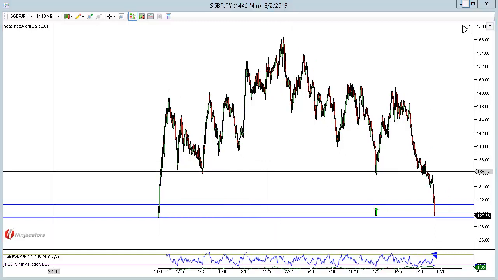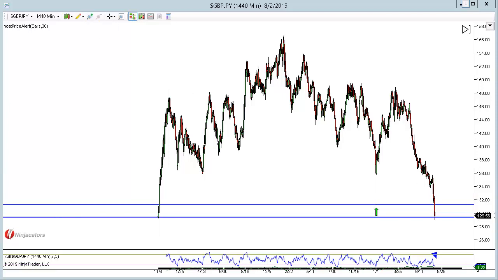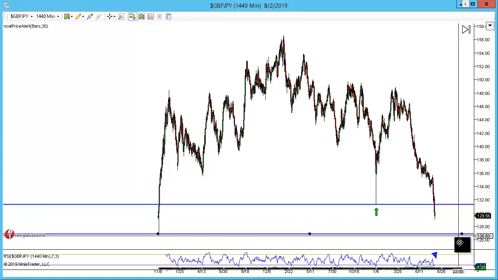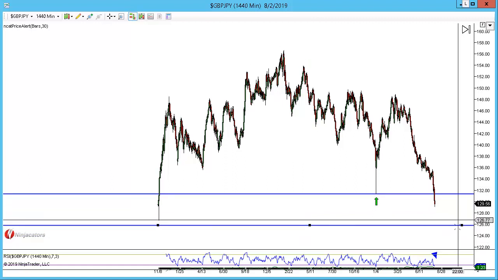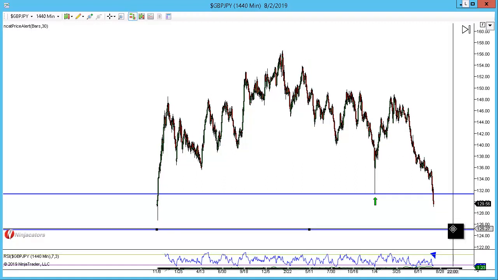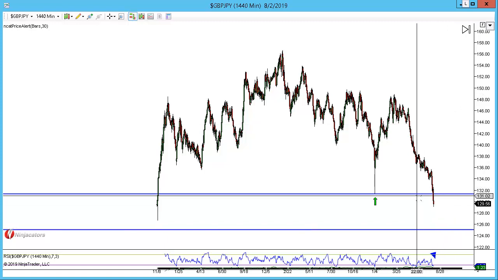Okay, here we go. We could come down to 125.50s, which is all the way down to this point. Again, guys, sorry I don't have enough data loaded on this chart, but there is lots and lots of room here for this market to come lower.